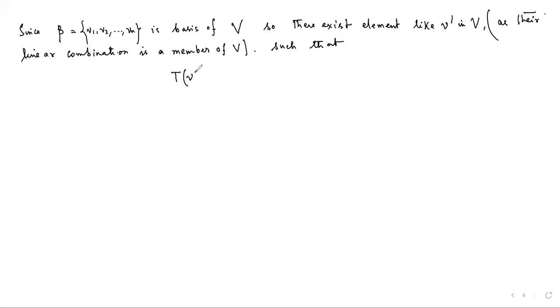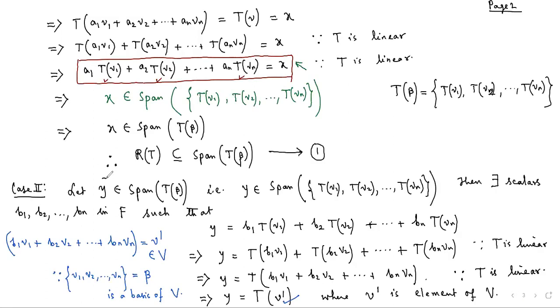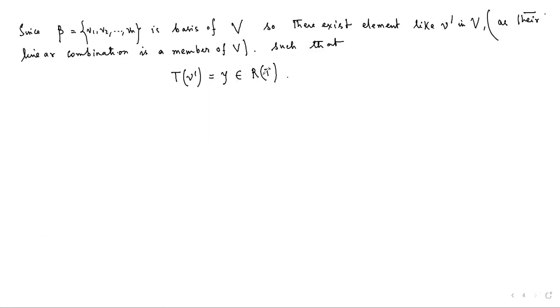T V prime is equal to Y, and obviously this is nothing but an element which belongs to RT. Therefore we started with Y present in span of T beta, and we have come across that Y belongs to RT. So we can conclude that span of T beta is a subset of RT.